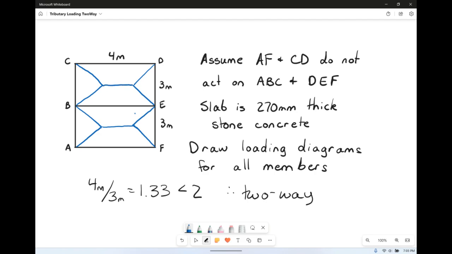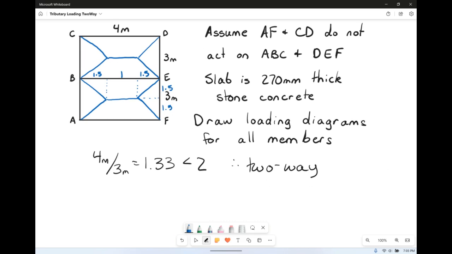Remember that that is going to be acting at 1.5 meters for where that central piece is. So if that's at 1.5, we've got 1.5, 1.5. That's a total of 3, which means this middle piece totally to scale is only 1. So 1 plus 1.5 plus 1.5 is 4. So that is the geometry of our loading diagram.